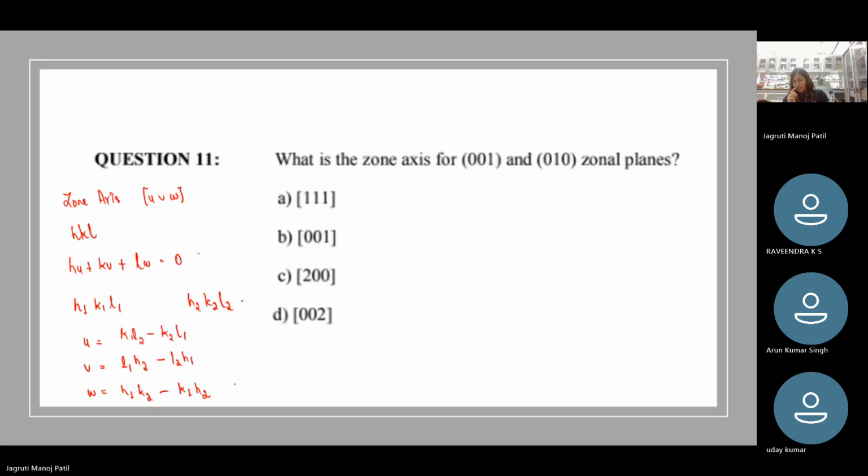Based on this, you just input these parameters: you have H1, K1, L1, you have H2, K2, L2, and then you get U, V, W. You can calculate them.